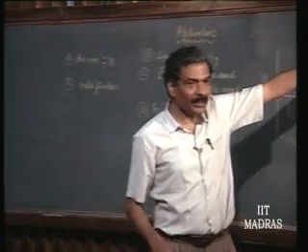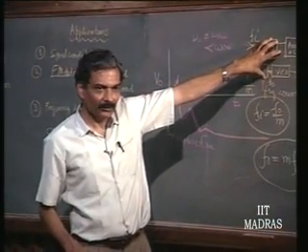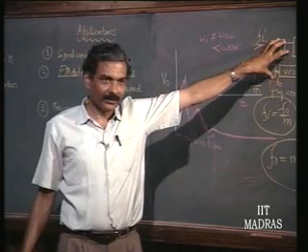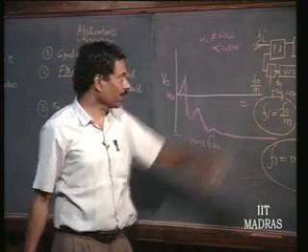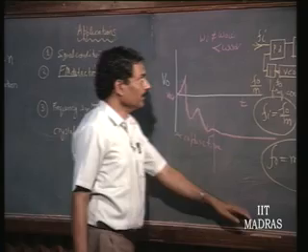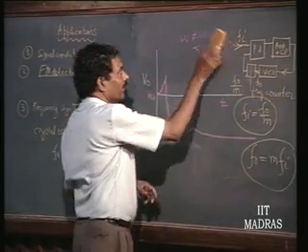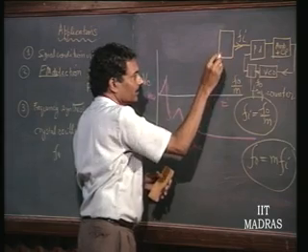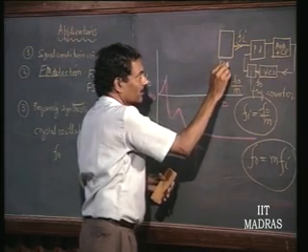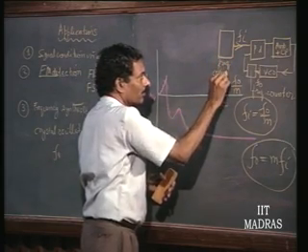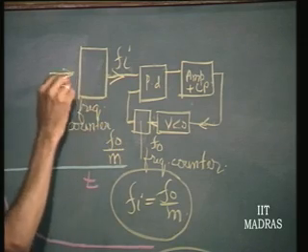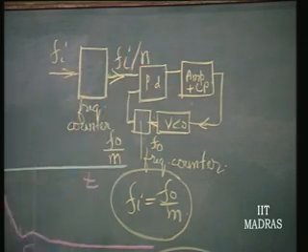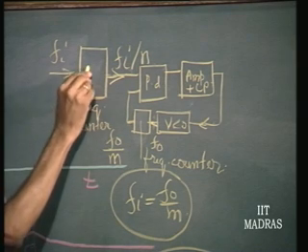This is one of the important applications of a phase lock loop, multiplying the frequency by any integer. So you said you are going to multiply by any number. Then let me put another frequency counter here and feed Fi here. Then this will be Fi by n. So this is division by n.